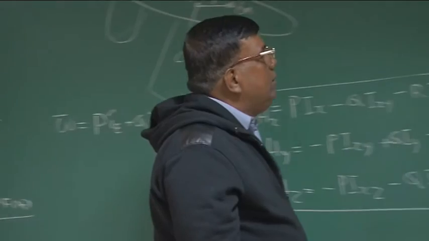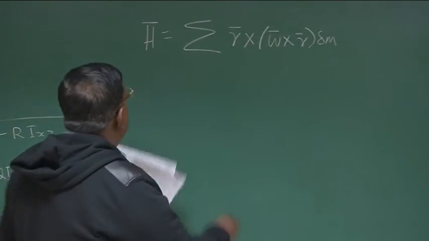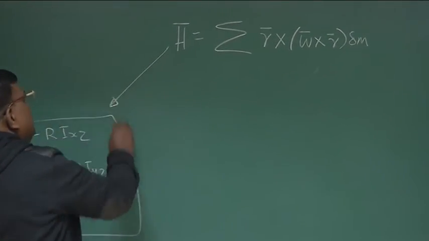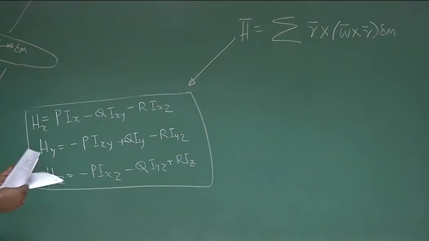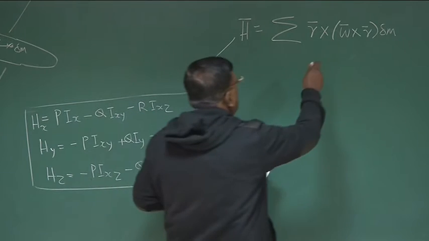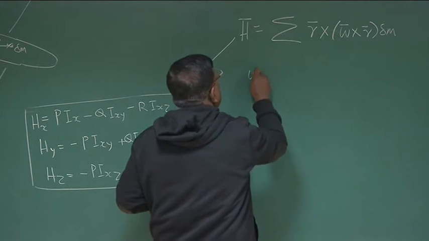Now we will try to see how you get this expression. I will write the steps and you should do it yourself. First of all, let's find omega cross r.